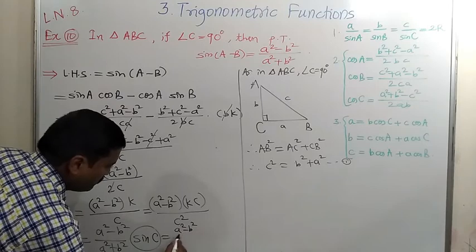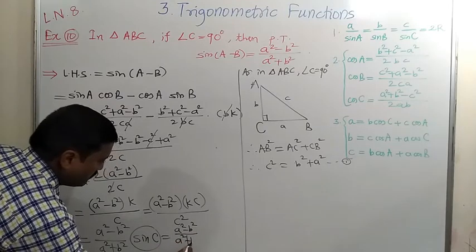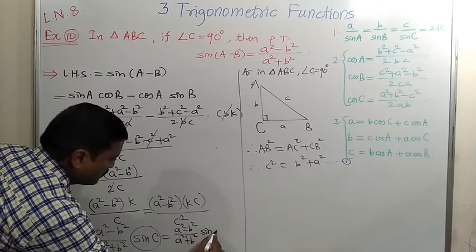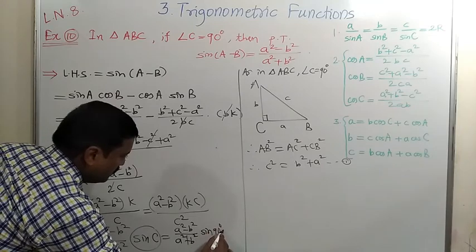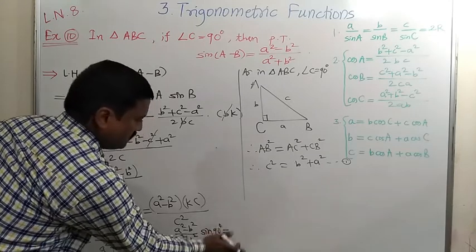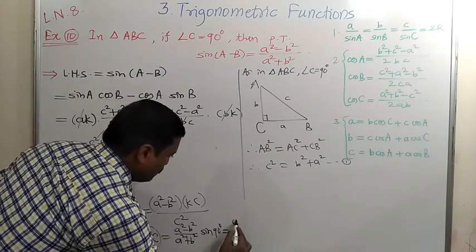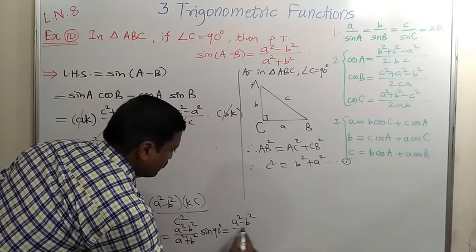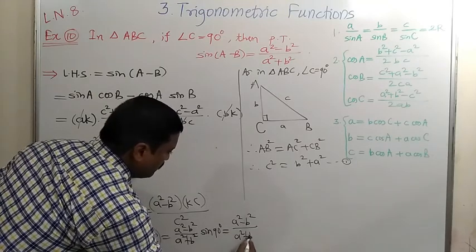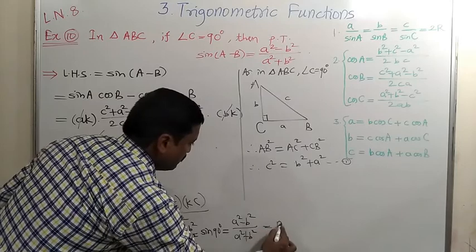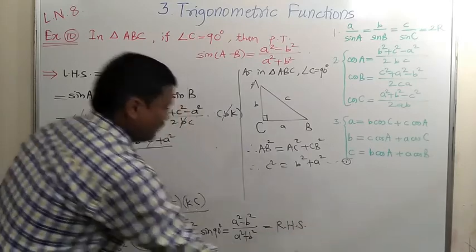Therefore A square minus B square upon A square plus B square into sin 90, and it is equal to 1. So A square minus B square upon A square plus B square, and that is equal to the RHS.